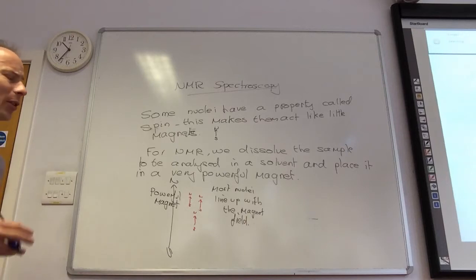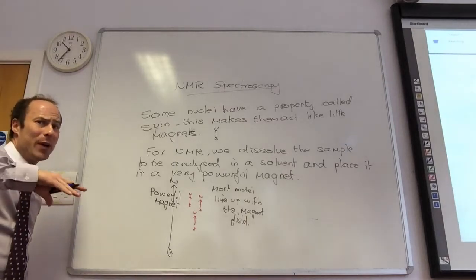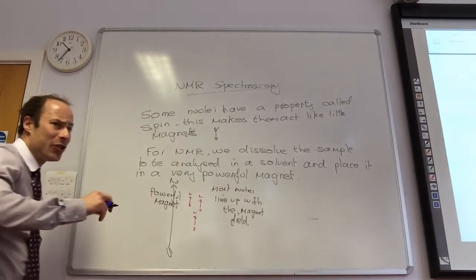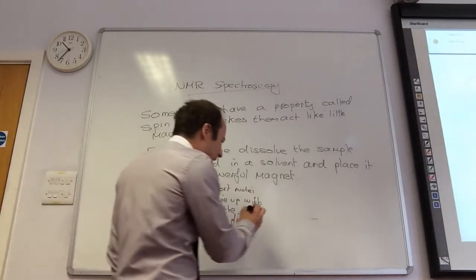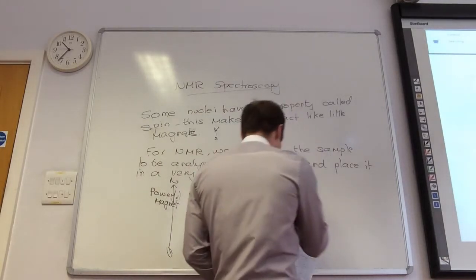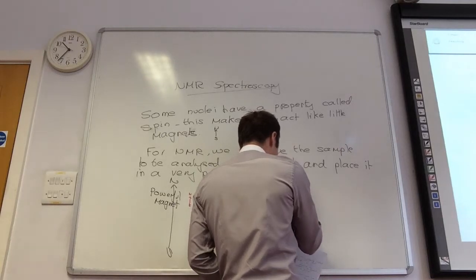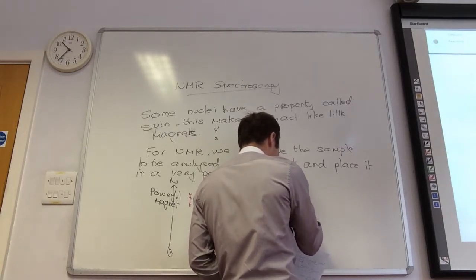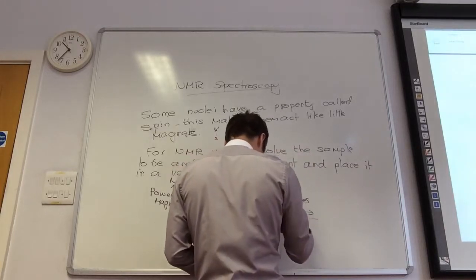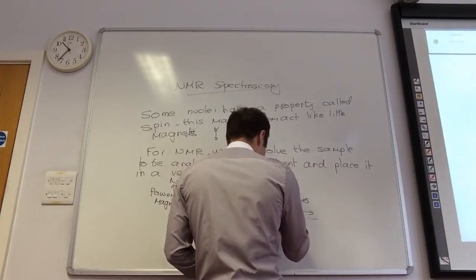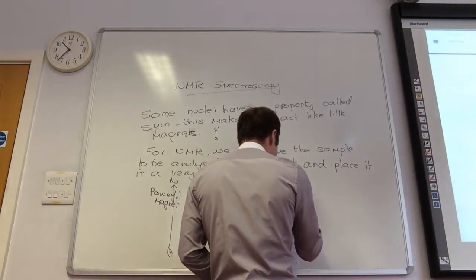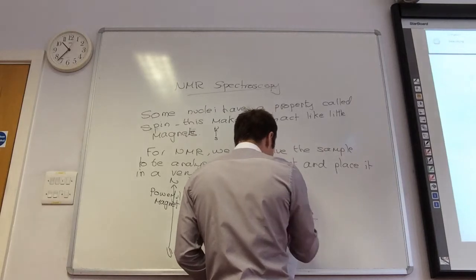Okay, so what do we do? When we run an NMR, we fire radio waves at it. Radio waves are very, very low energy because there's not a huge energy gap. So we use radio waves to flip the nuclei.